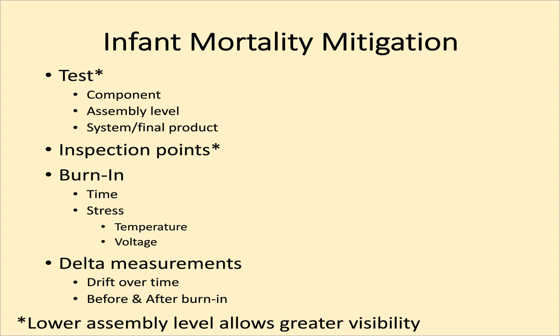So if you're testing the final product and you don't perform tests at the assembly level or component level, you may not have visibility into defects at the component level and assembly level. So key tests need to be conducted at the component level, the assembly level, and the final product level.